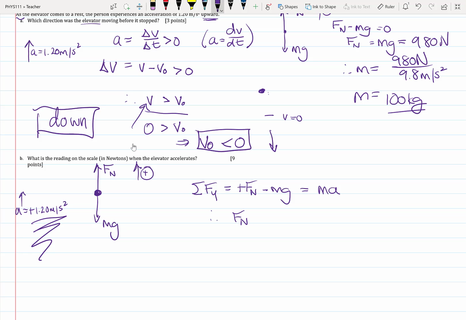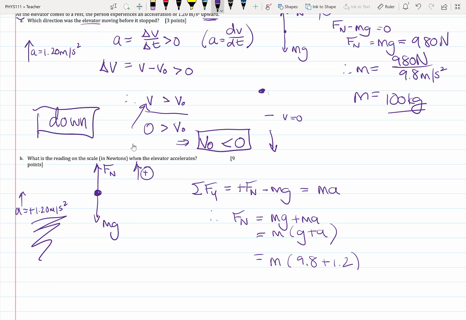Therefore, the normal force is equal to mg plus ma. If I can pull the m's out, that's m times g plus a, and that's m multiplied by 9.8 plus 1.2 meters per second squared.